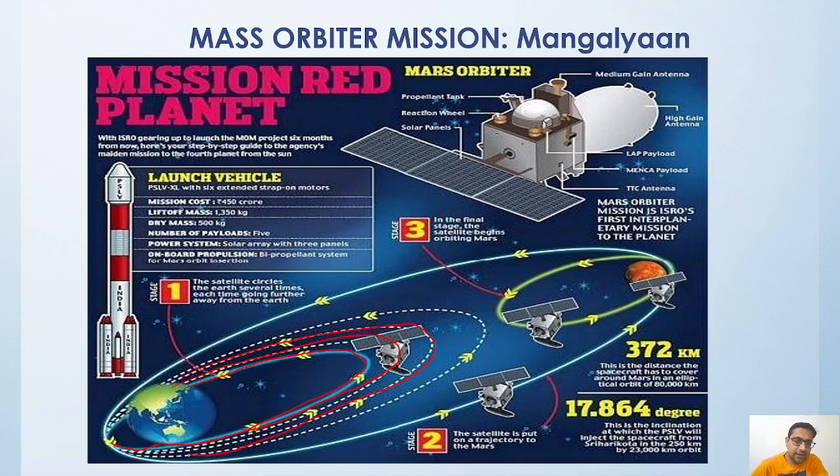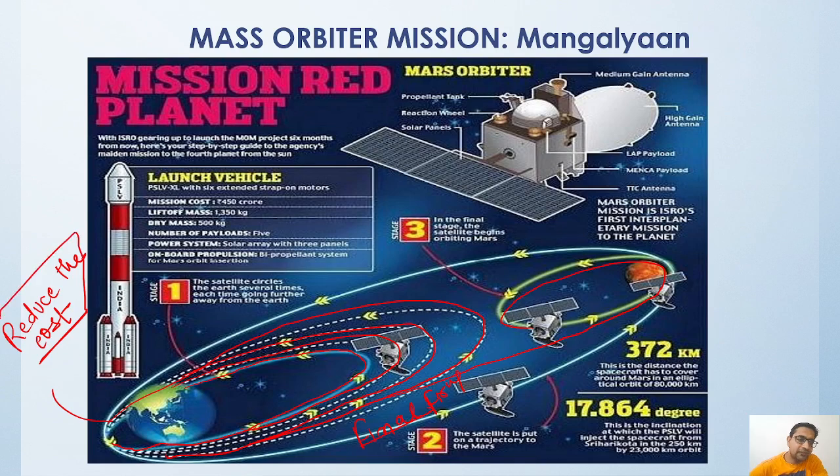After every certain time we increase the orbit, and when the time had come, we gave a final firing, and it was sent towards Mars. This whole process was done in order to reduce the cost of launch.